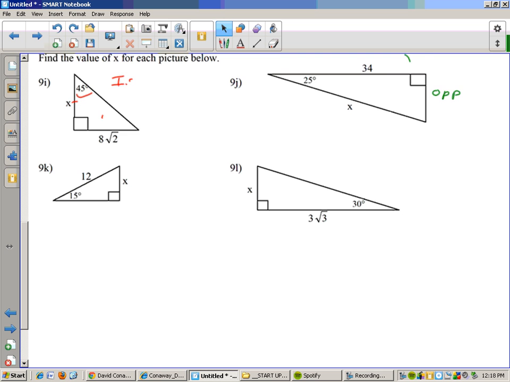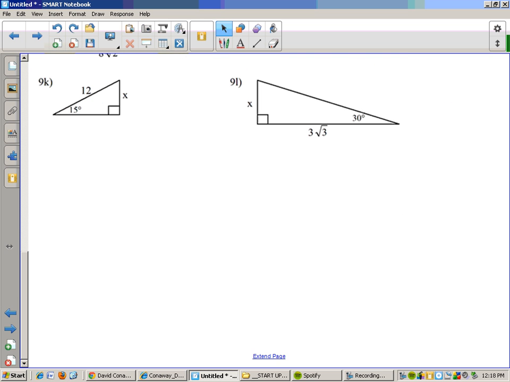And the final two questions for this section. They wanted us to find x in this one. This is going to be opposite and hypotenuse, which means we're going to use sine. So sine of 15 degrees equals x over 12.